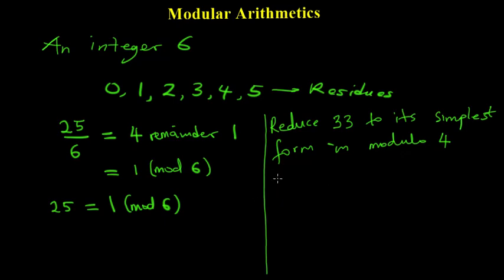That is, what is the simplest form of 33 modulo 4?